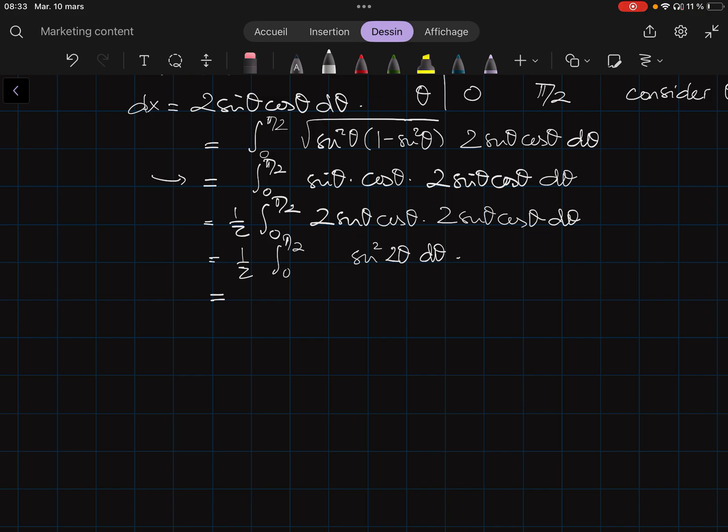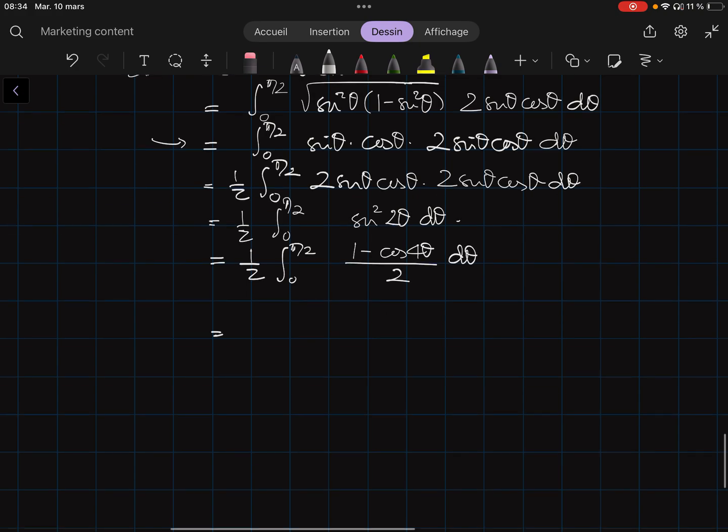Use your double angle formula to find this integral. Integrate.